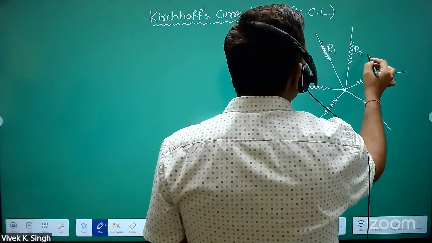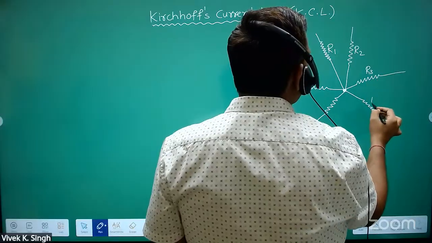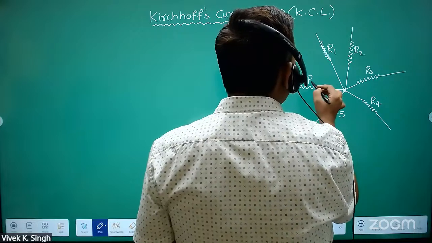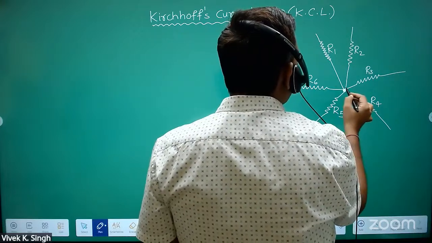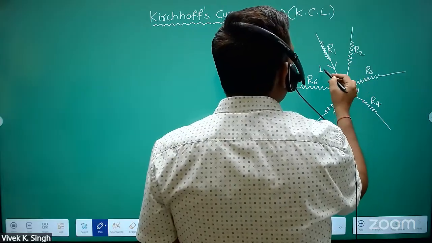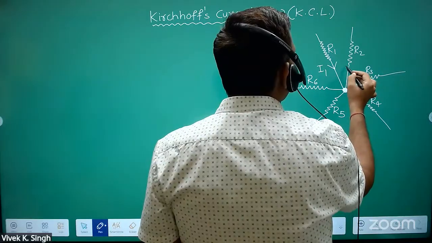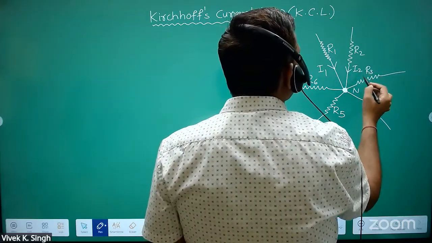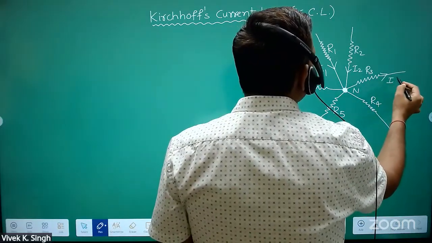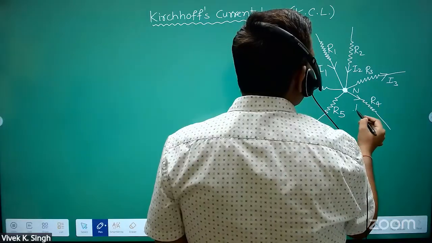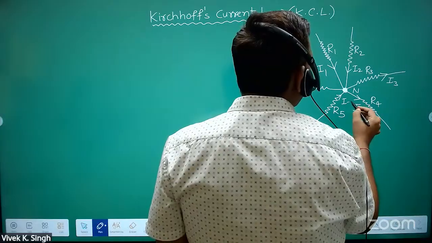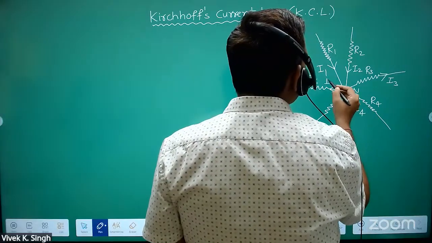R1, R2, R3, R4, R5 and R6, and this is the node here. Assume this current is I1, this current is I2, and this current is I3, this current is I4, this current is I5, and this current is I6.